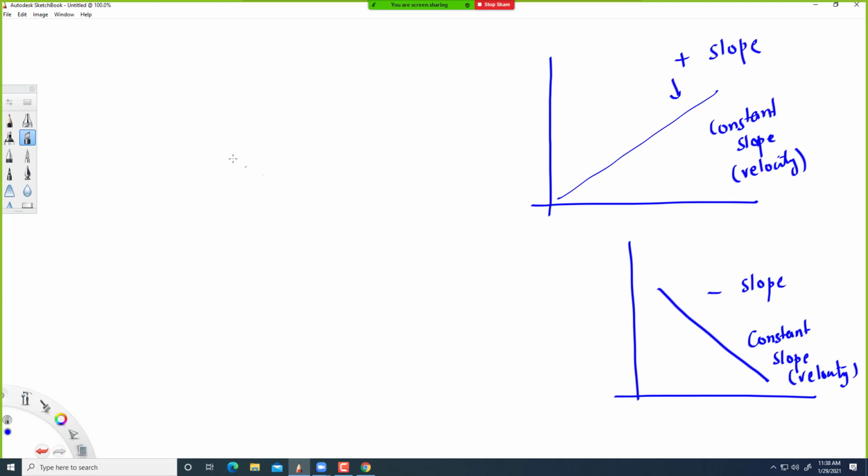So the first part is not moving, okay? The velocity would be 0. Not moving means there's no velocity. And then second part, it's slanted down. That means there is velocity, but the velocity is negative, okay? So at this time, there is some velocity, which is constant velocity. It's down.